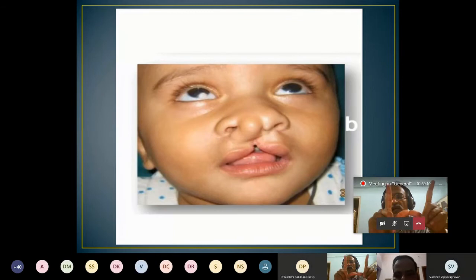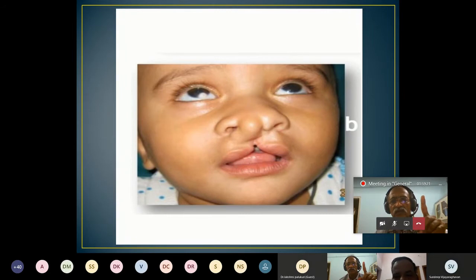How will you lengthen the central part of the skin? You take a cut at the higher level on one side so that the one side comes down. You take a cut on the lower level of the other side, so that side will come down. So you have got two triangular defects, one on the right side, one on the left side. So in that you feed in the two triangles.